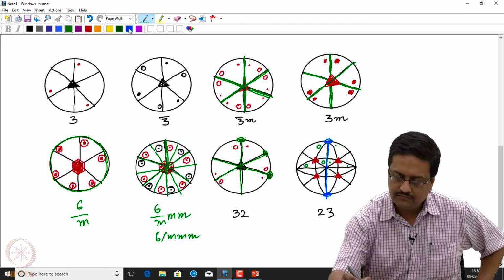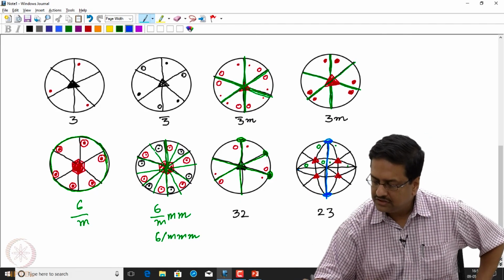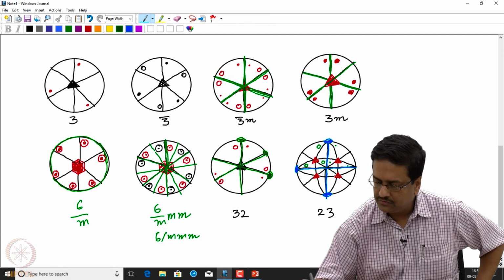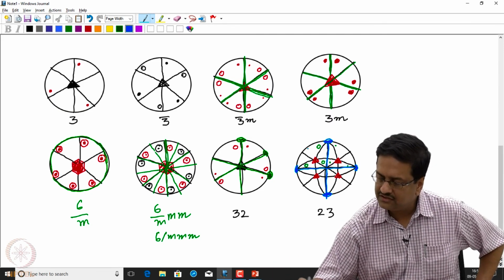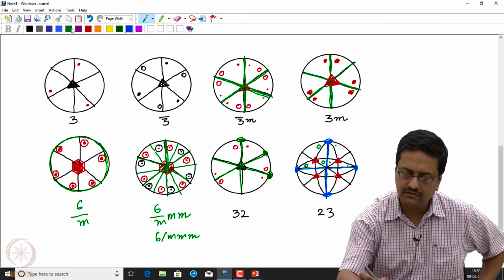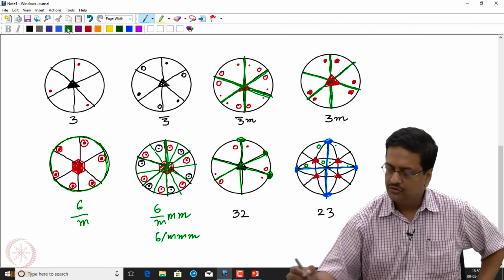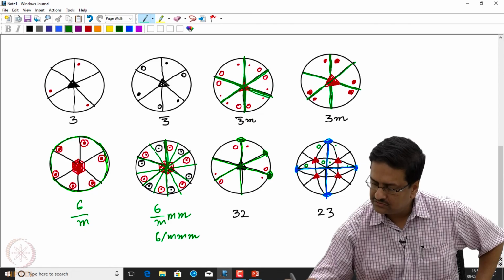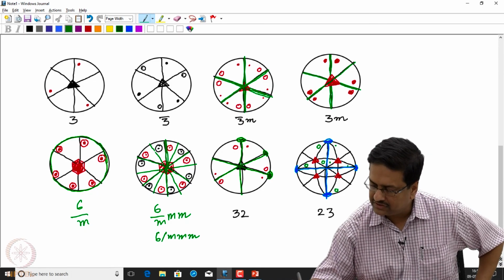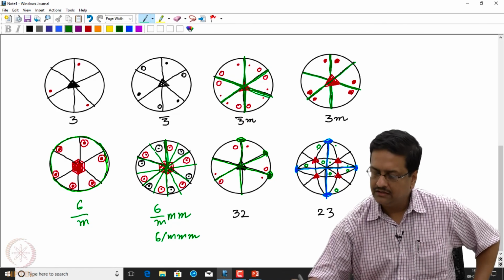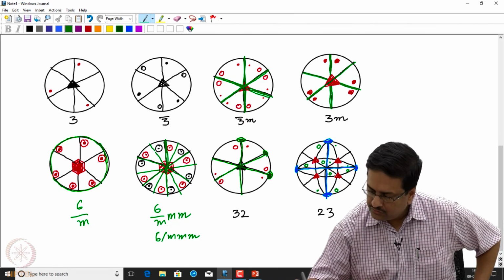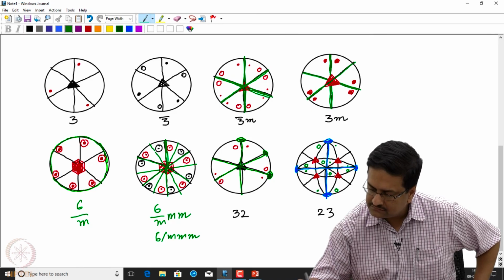Now once again, this particular line which we have drawn also represents a twofold. So when we do this twofold on all the 6 points that we have on the upper portion, the closed circles will become open circles and the open circles will become closed circles.